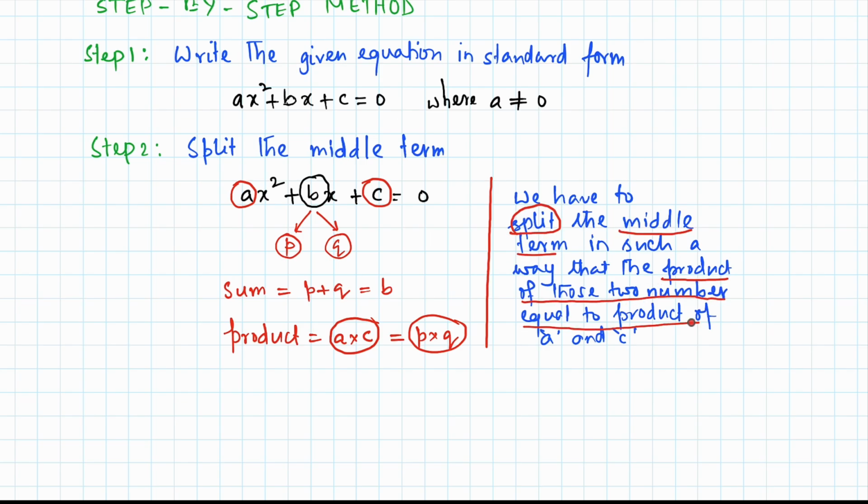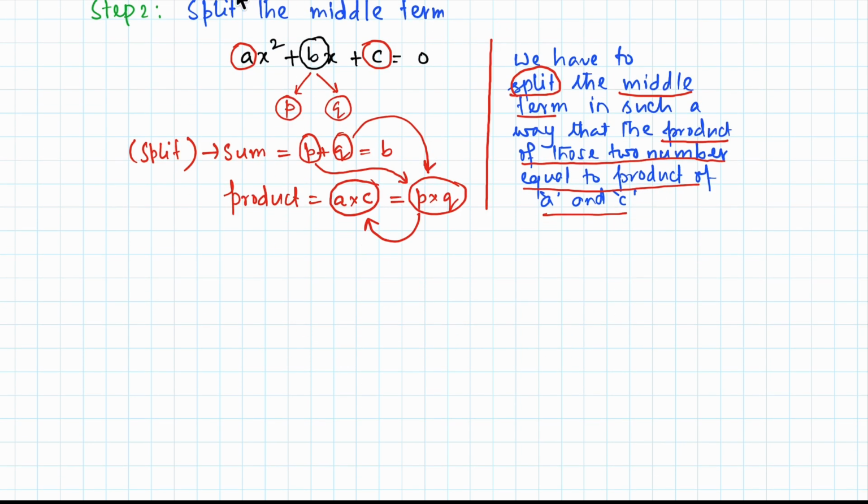So split the middle term in such a way that the product of those two numbers equals the product of a and c. The sum of these two numbers gives b, and the product of these two numbers becomes the product of a times c. This is the main crucial step, step number 2, for doing the factorization.